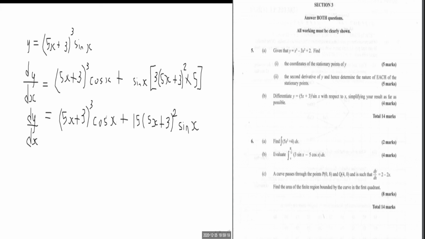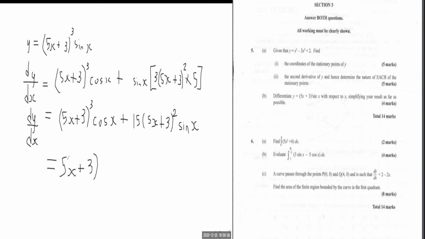Nice and easy. Now it says simplify it as far as we can go. So if we want to go further, I realize that (5x plus 3) all squared is in common with both of these terms. And so I can factor out a (5x plus 3) all squared.